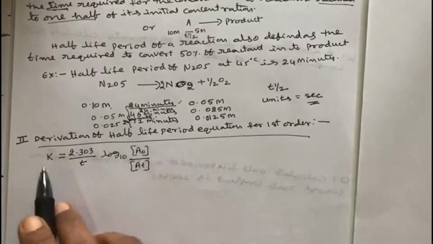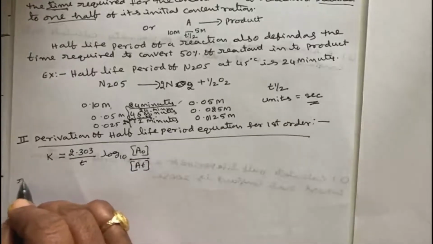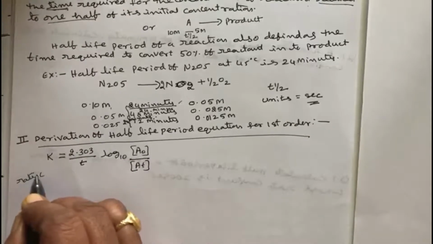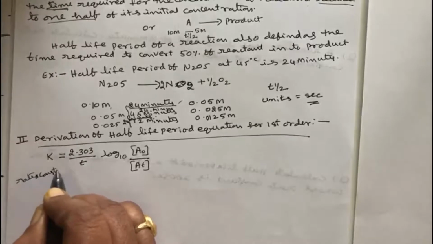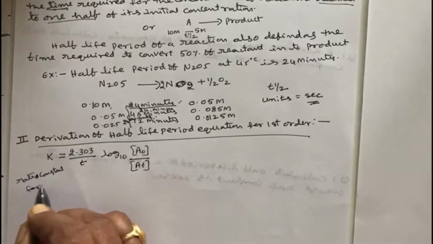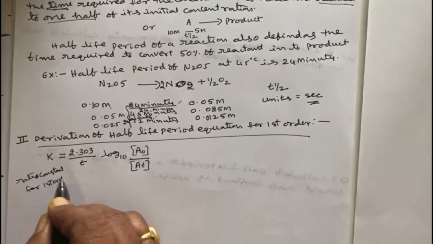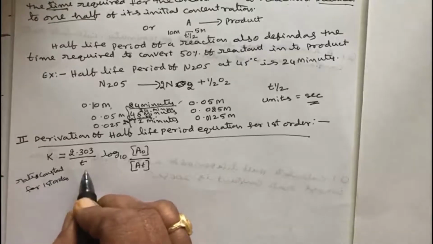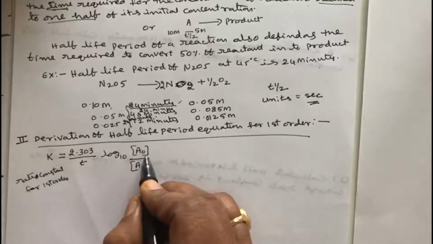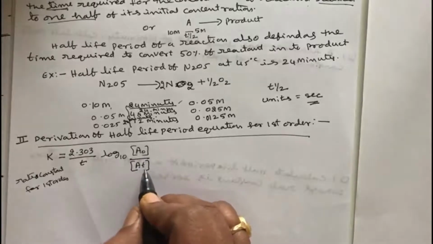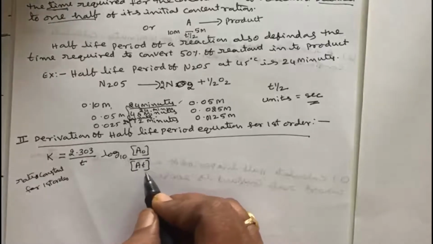In this equation, K is the rate constant for first order, T is time, A0 is the initial concentration of the reactant, and AT is the concentration of the reactant after T seconds.